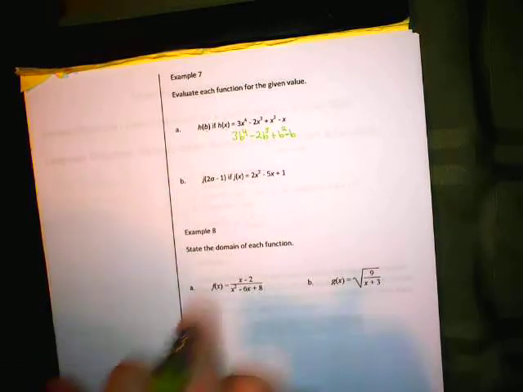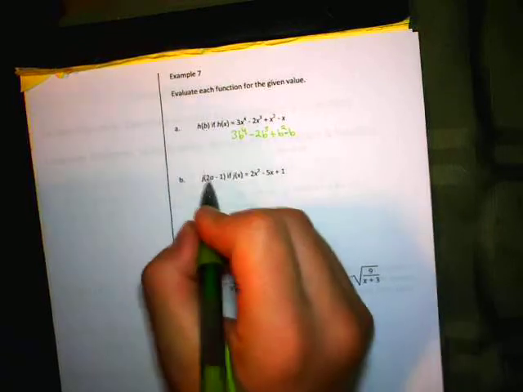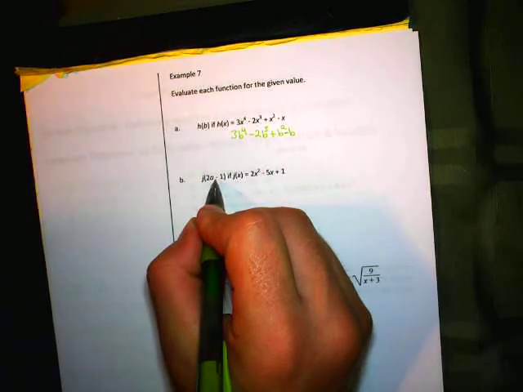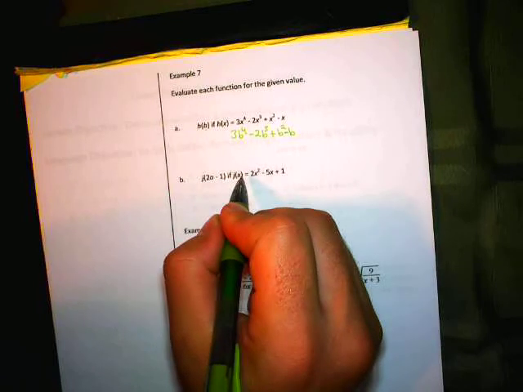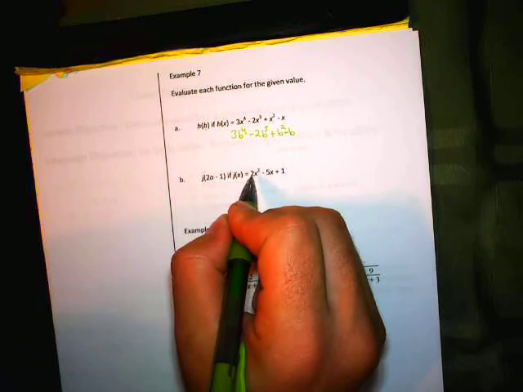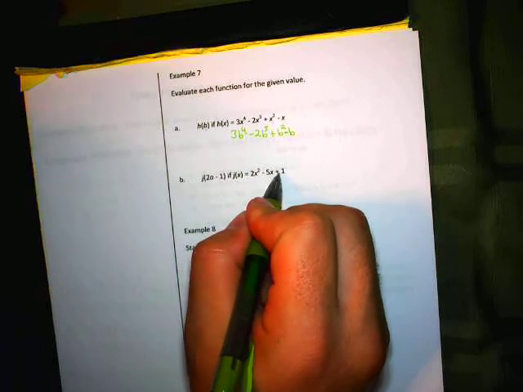Now, it gets a little more complicated here in problem B, because we're doing j of 2a minus 1, which is the same as j of x, where j of x is 2x squared minus 5x plus 1.